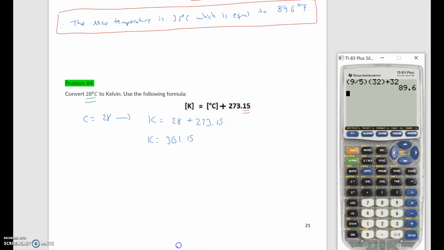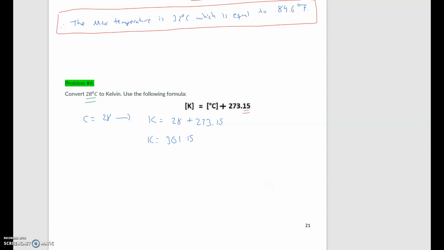And let me just punch it in. So 28 plus 273.15. Oh shoot, it's 302. So 28, oh, no, never mind. It's supposed to be 28. So 28 plus 273.15. Okay, 301. Okay, so the measurement was actually correct.